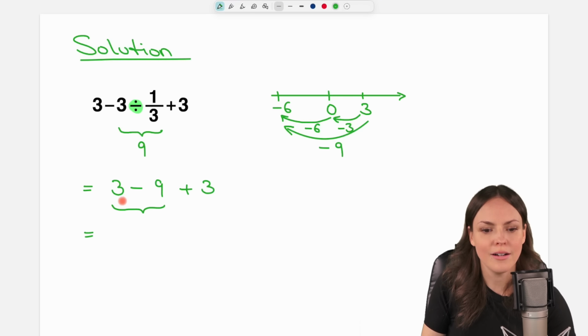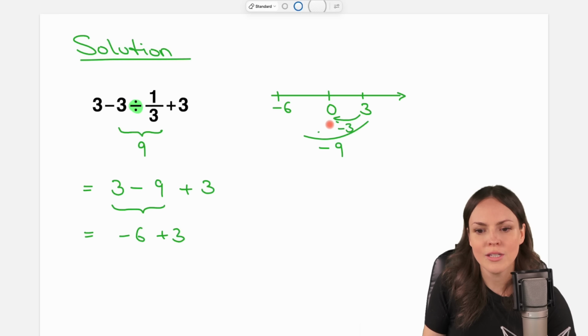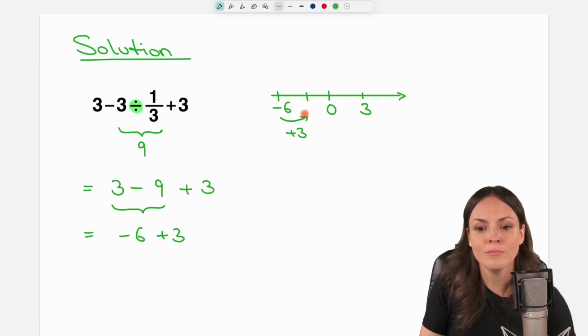As a result of this calculation is -6. Don't forget the plus 3 here, so I can do this on my number line as well. I start at -6 and add 3. So into the positive direction, I add 3, so that in total I end up at -3, and this is the correct result of this problem.